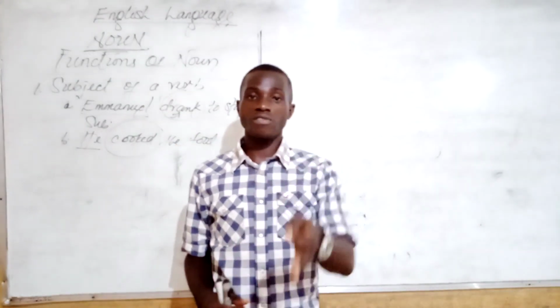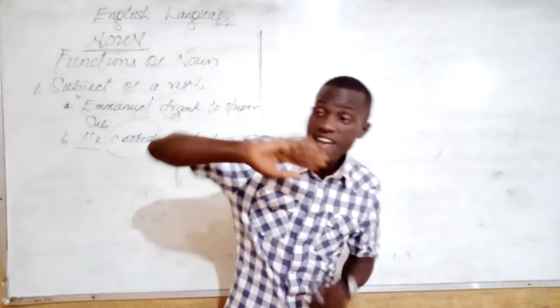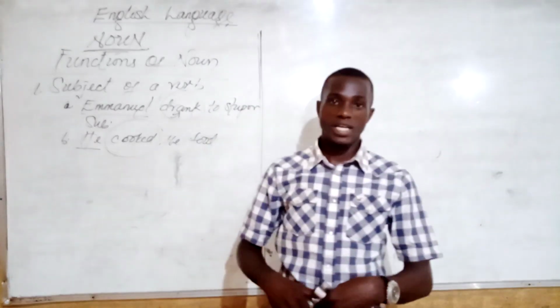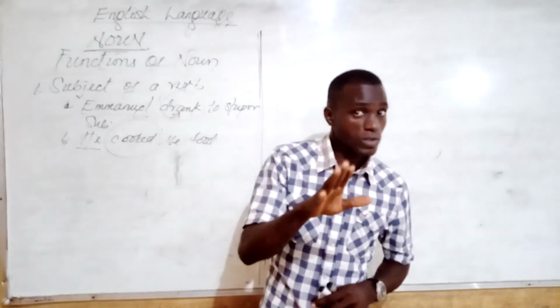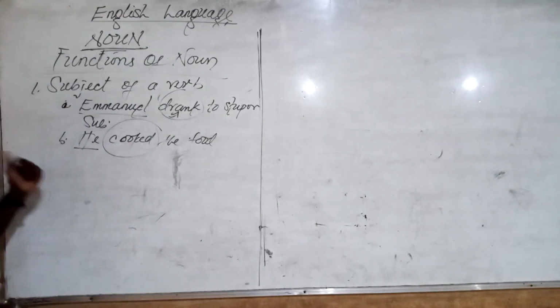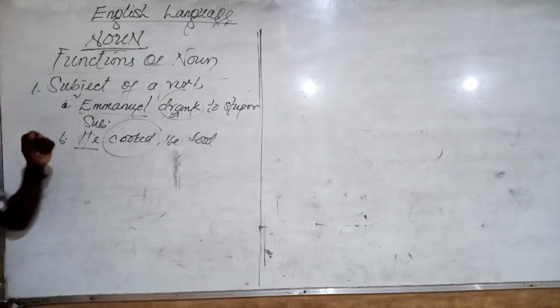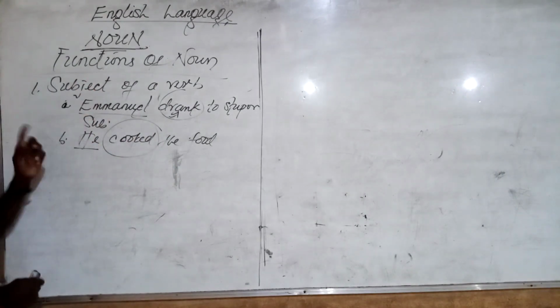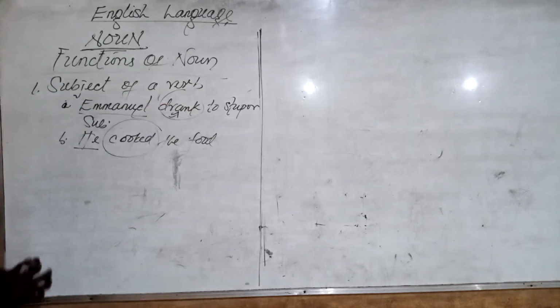Once you identify the position of the verb, usually, maybe not all the time, every other word before that verb is going to be the subject of that verb. So cooked here is the verb, and he is the one before the verb, performing that action, so it will be the subject of the verb. Emmanuel is the subject in the first example.